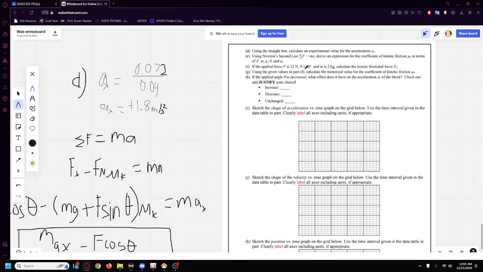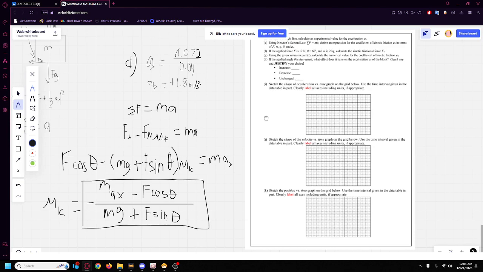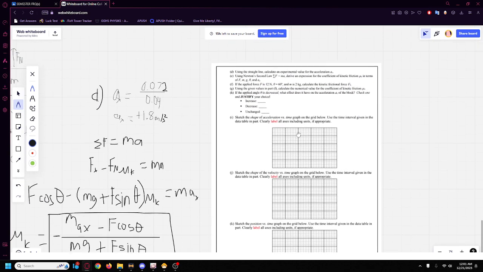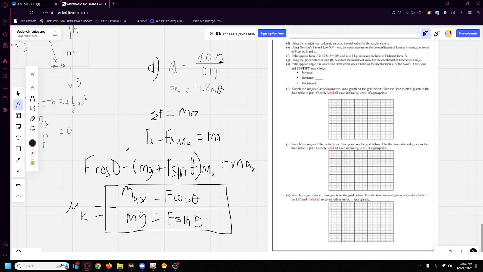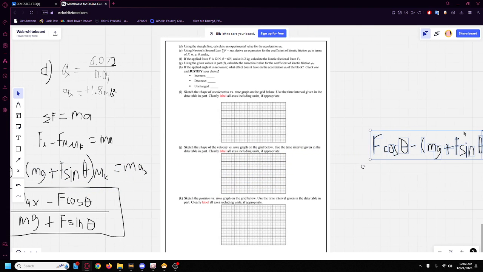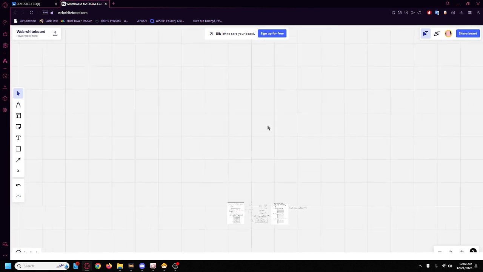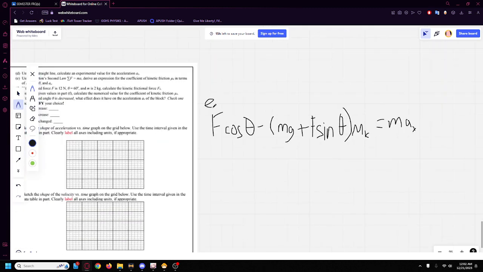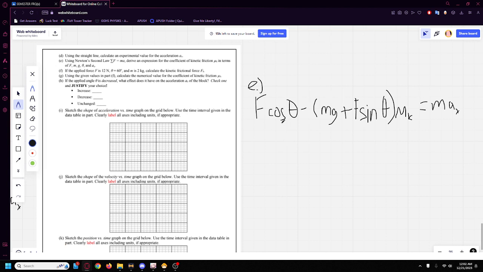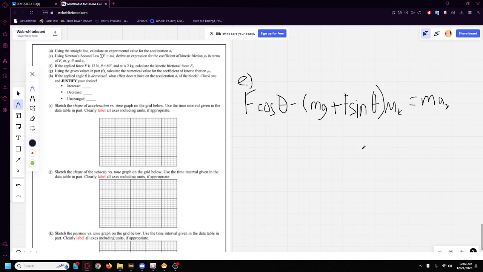Part F of this. Okay. So looking back from here, for part E, we now know that 12 newtons, so this is Fk, so F cosine theta minus MAX, and that's equal to Fk, because this is still the same thing as Fk.